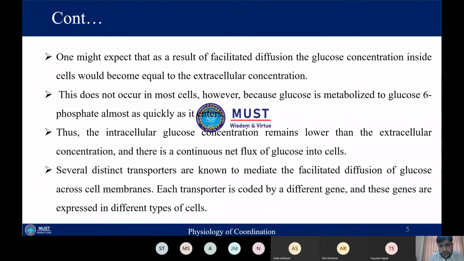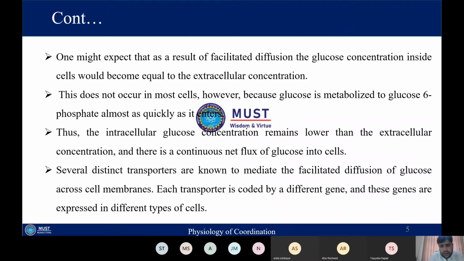As all of you are familiar with the process of glycolysis, once glucose enters the cell, it is converted into glucose phosphate, and a cyclic process is carried out inside the cell, which is called glycolysis. So that's why glucose concentration can't be equal on both sides of the membrane, because the glucose molecules entering the cells are immediately metabolized and converted into glucose 6 phosphate.